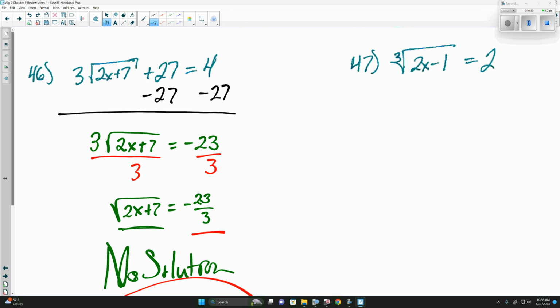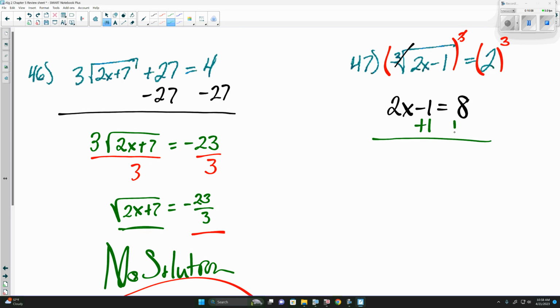Because 47 will be the same as any of these others here, because the first thing we do is get the radical by itself. And in this case, the radical is already by itself. So we can put both sides to the nth power. And in this case, the power would be 3. Now the cubed root and cube will cancel, telling us 2x minus 1 is equal to 2 to the third, which is 8.